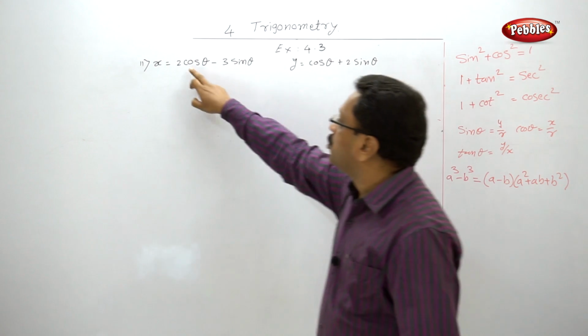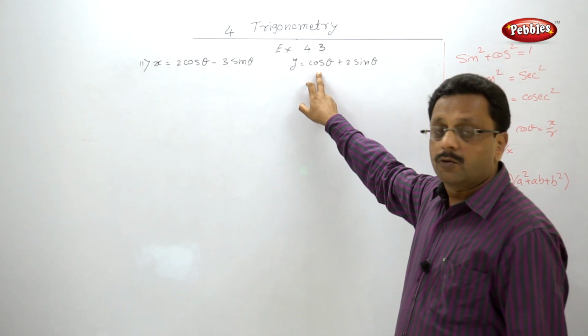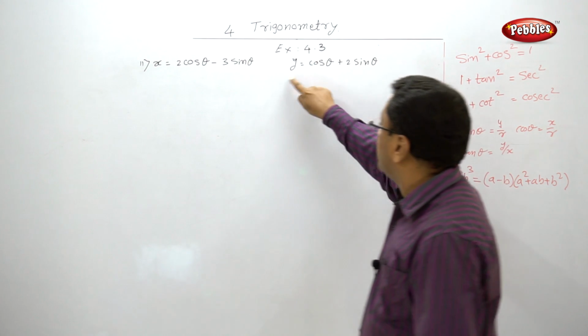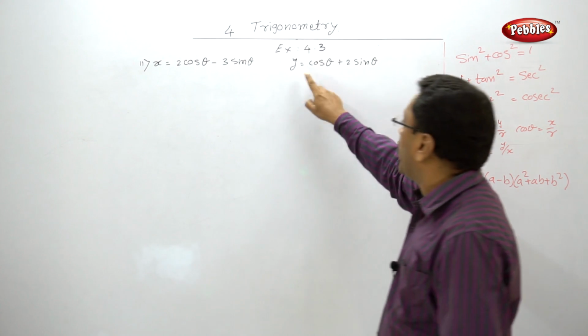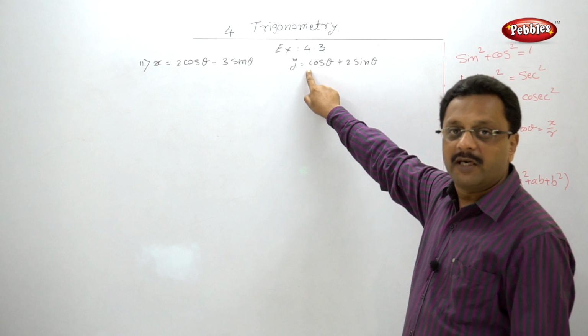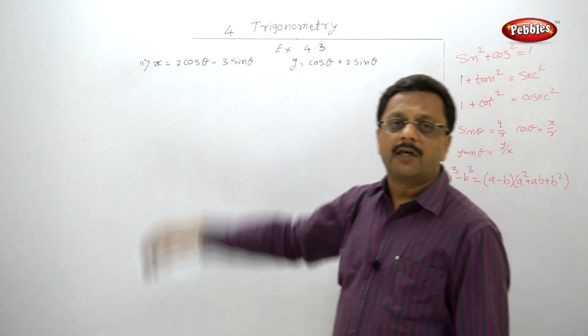Correct? Here it is 2 cos theta and here it is only cos theta. So what we have to do? Multiply this equation by 2 and this equation by 1. Of course, no need to multiply by 1, but suppose instead of 1, if it is 3 here, then you have to multiply by 3.